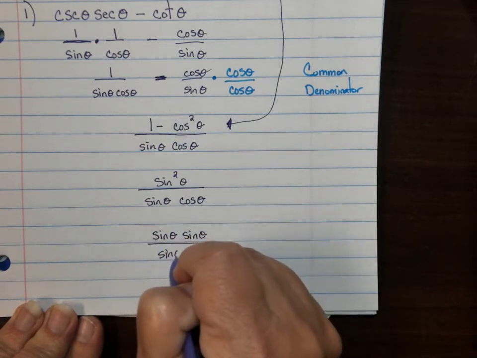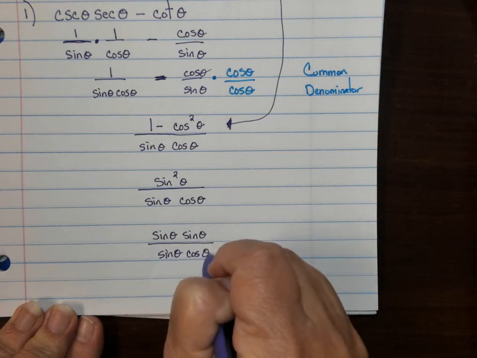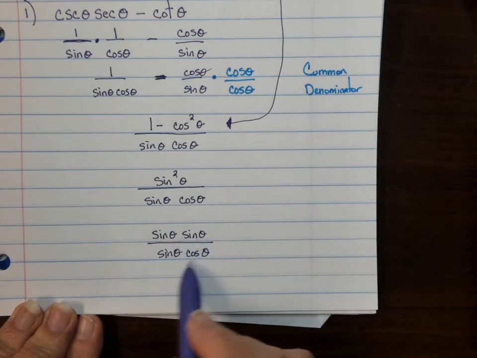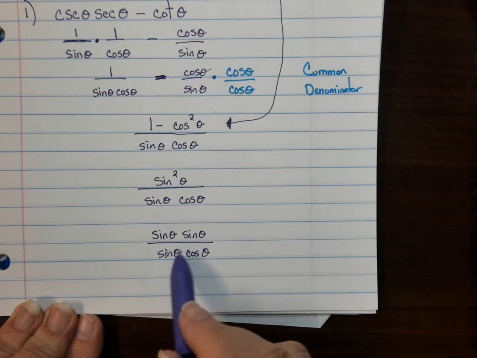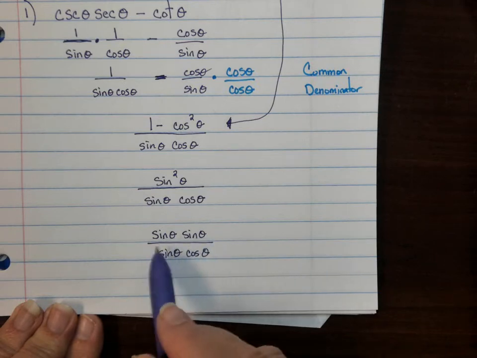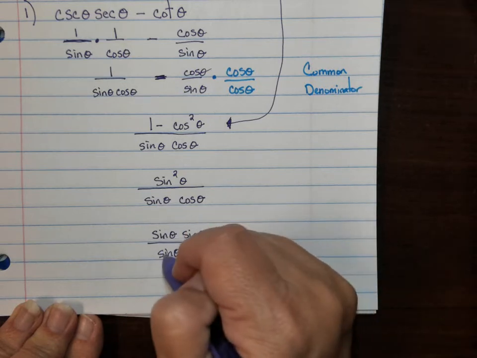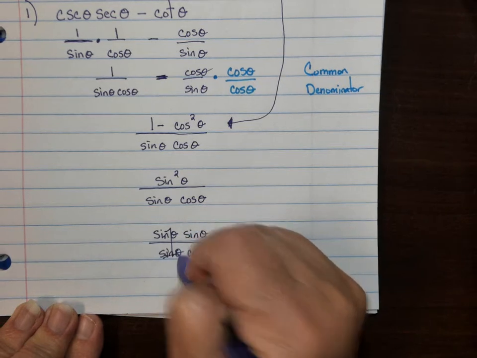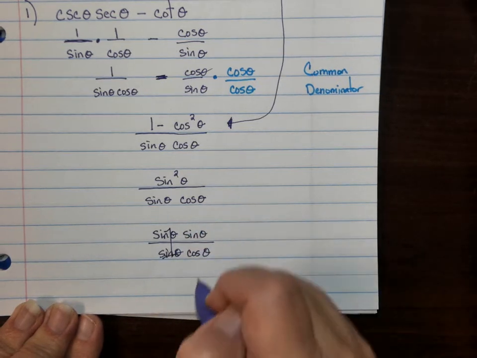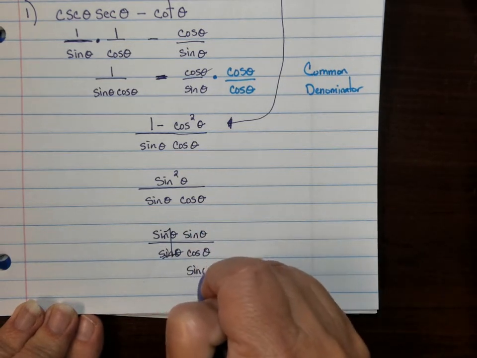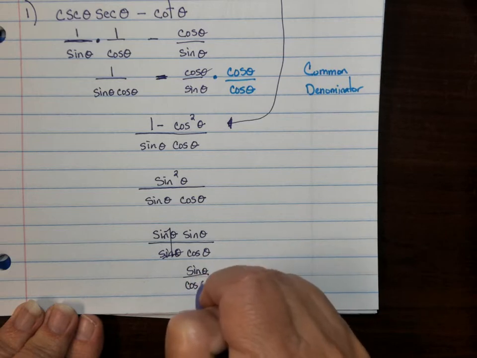That's divided by sine theta over cosine theta. Notice we have multiplication going on here. So if everything in the numerator and everything in the denominator is being multiplied, we can divide out our common factors. So sine theta divided by sine theta is 1. So then I'm left with sine theta over cosine theta.